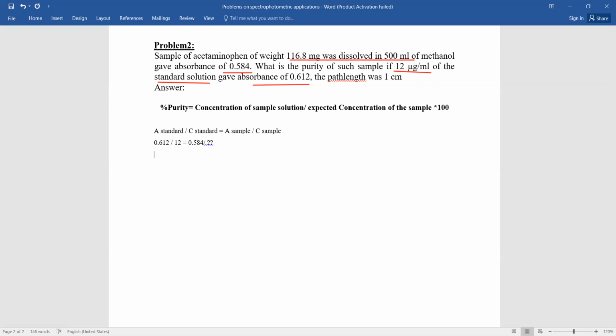So here we'll say that the concentration of the sample equals 0.584 times 12 divided by 0.612, which will be equal to 11.45 microgram per milli.